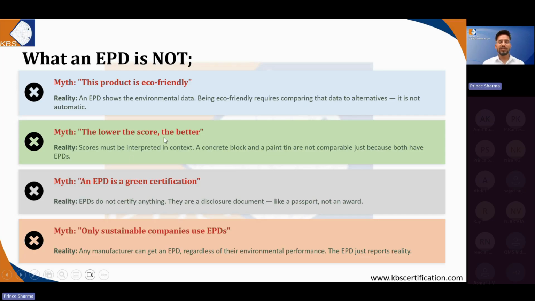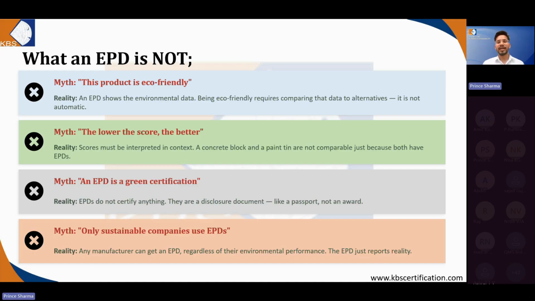And in that case, what will happen? The comparison will be invalid. It will be void. It will not be giving you the results as you wish, right? So scores must be interpreted in context.